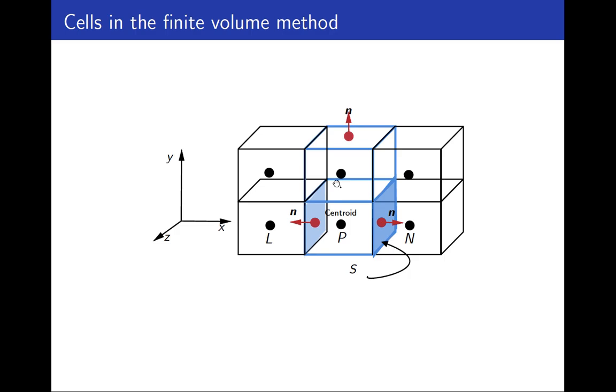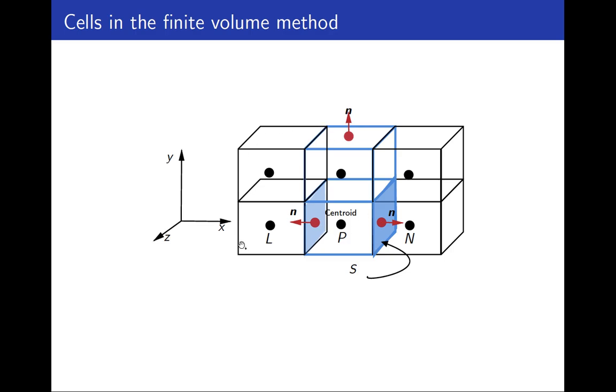So remember, in the finite volume method, we will solve each of the conservation equations in each of the cells of our domain, or in each control volume of our domain.